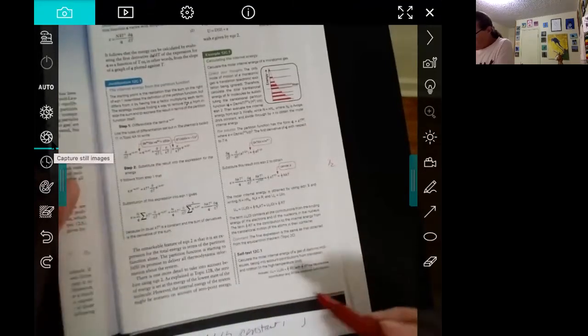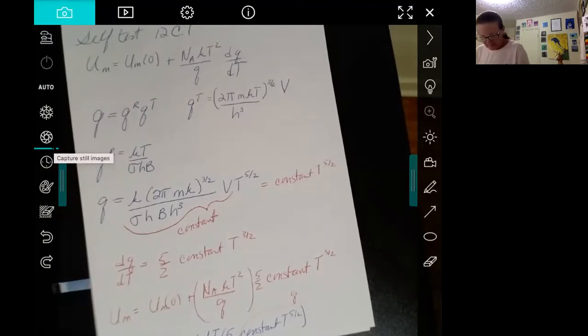So we want to look at how we use this equation that we just derived.